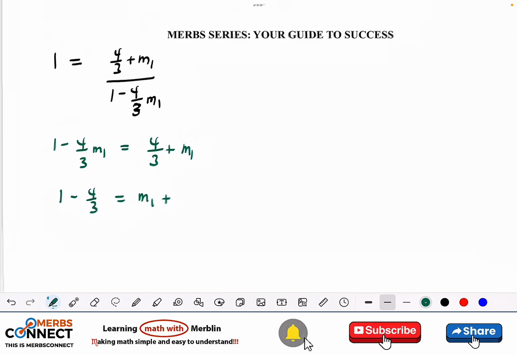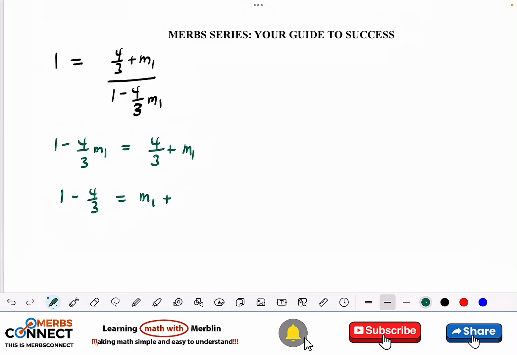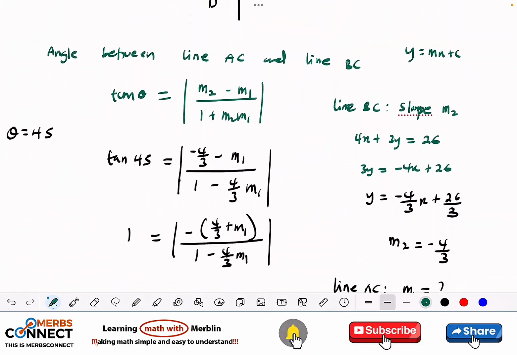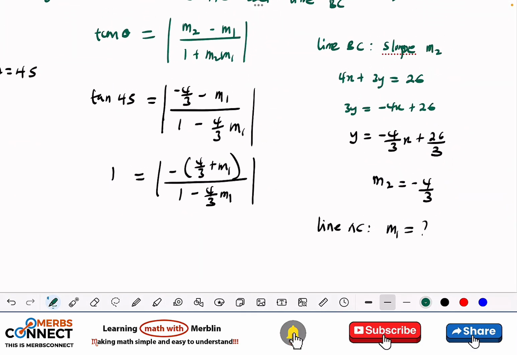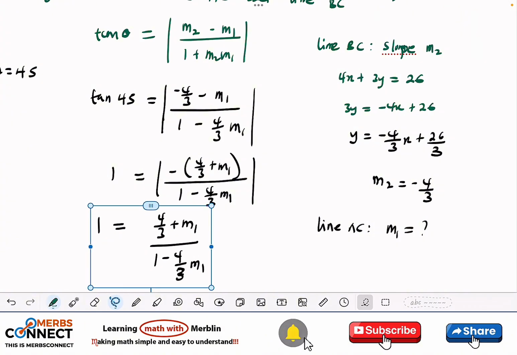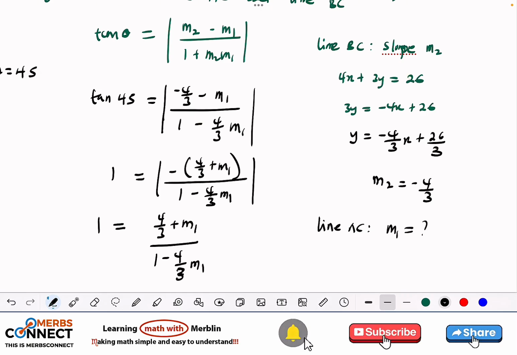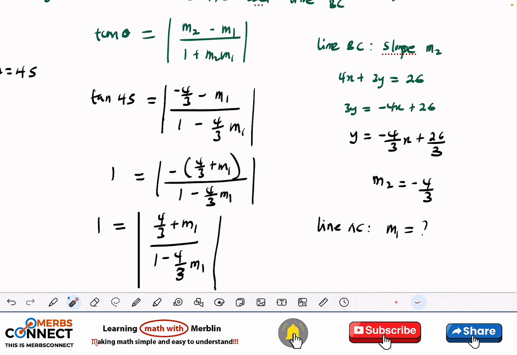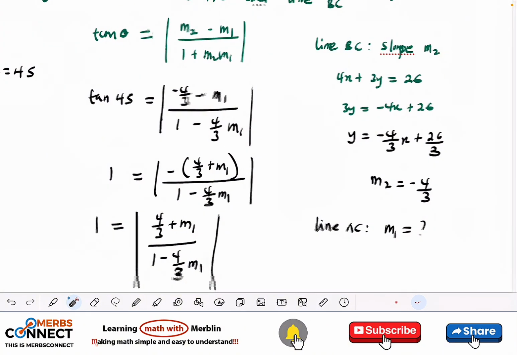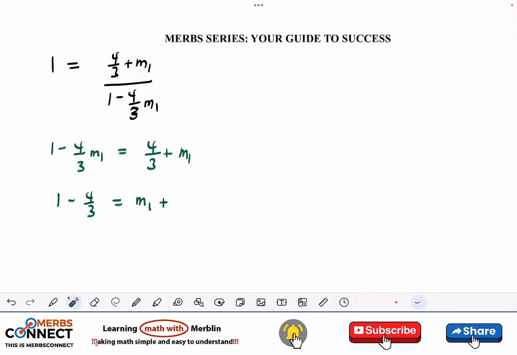Okay, so let's check something here. I cannot just take off the absolute, because the slope for M1 can be in a way that this will be greater than this and be negative. So what we can do is pick the positive side and the negative side. Good, because we know how absolute works. So this one will help us to do that.